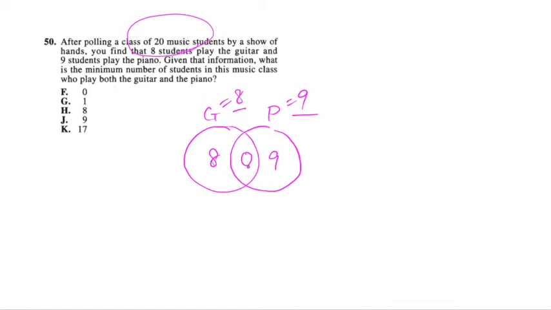That means this here is a possibility, meaning there are 8 kids who play the guitar, there are 9 other kids who play the piano, and then there are 3 other kids who play some other instrument. So what is the minimum number of students that have to play both the guitar and the piano? 0. We don't need any of them to play both of them. We can have 8 guitarists and 9 pianists and no overlap between the two because we have 20 students in total.